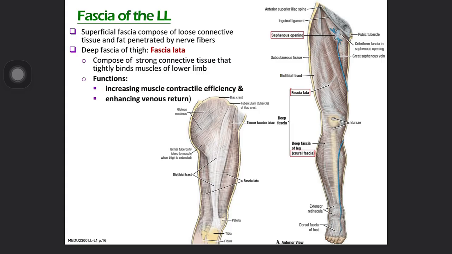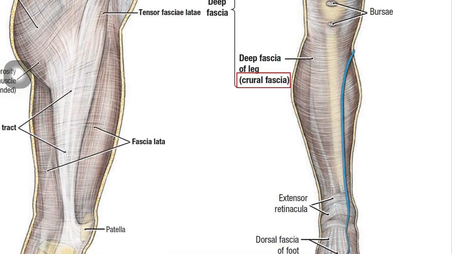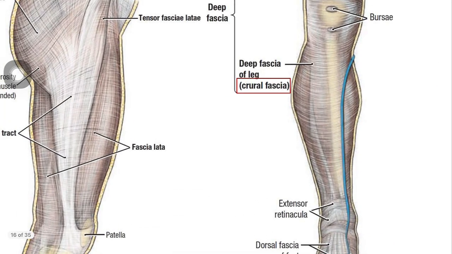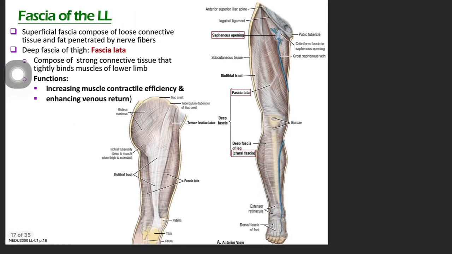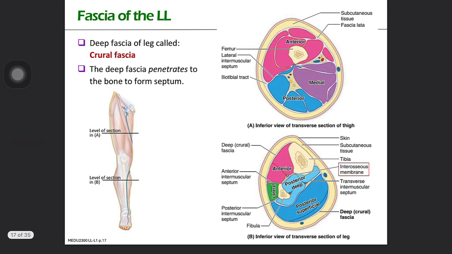So we have two. The one covering the thigh here, we call it the fascia lata. And then for the leg, the deep fascia of the leg is called the crural fascia. So covering this one is the fascia lata, and this one is the crural fascia.